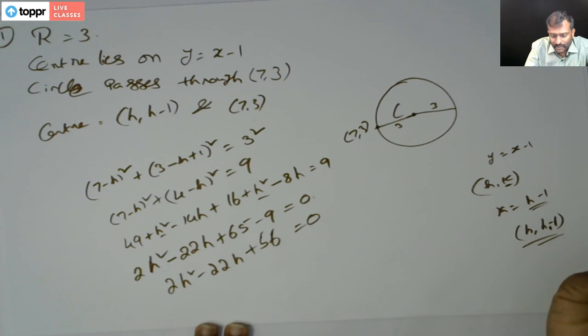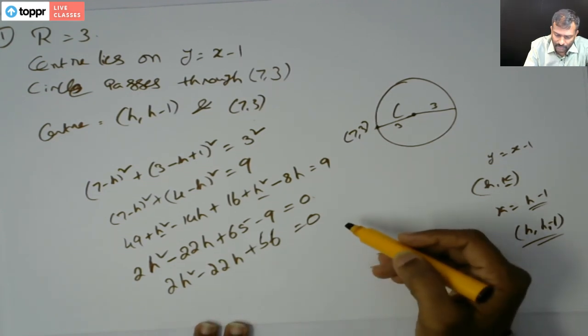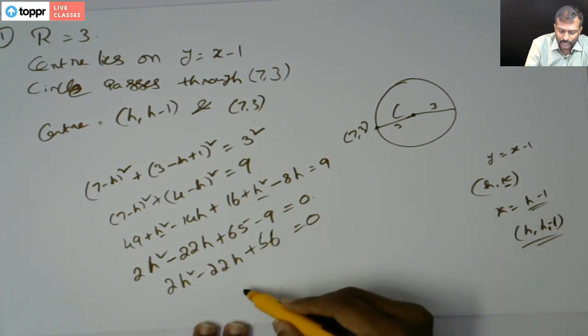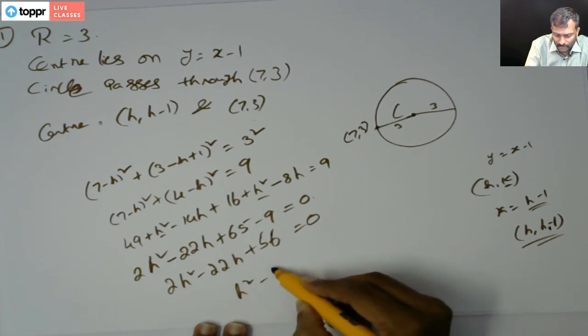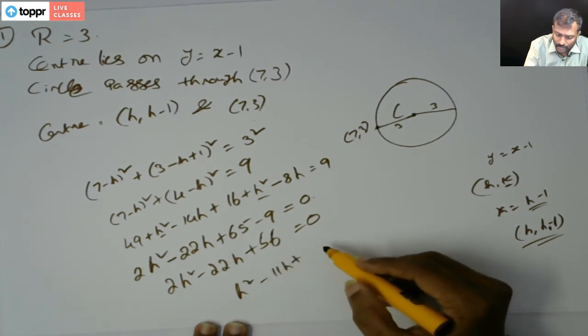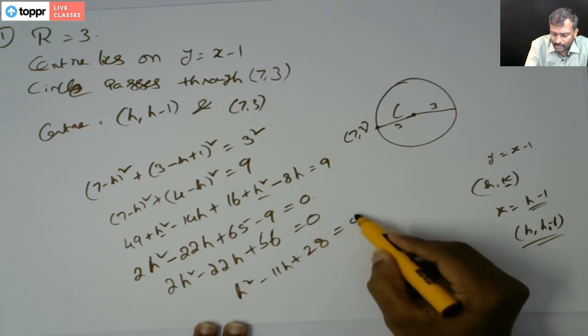So 2h square minus 22h plus 56 equals 0. We have to split the middle term and factorize this, but before that we can further simplify it by dividing by 2 on both sides. That gives h square minus 11h plus 28 is equal to 0.